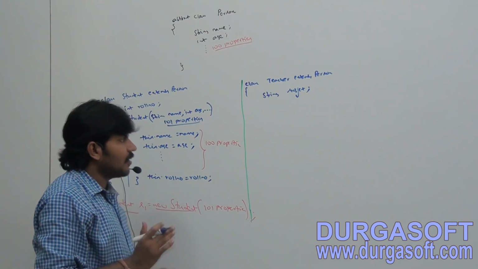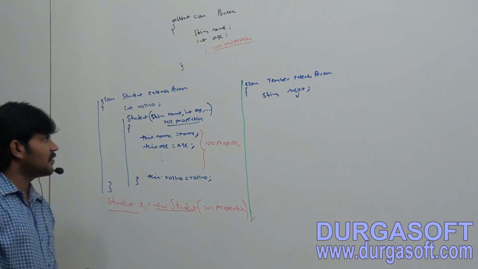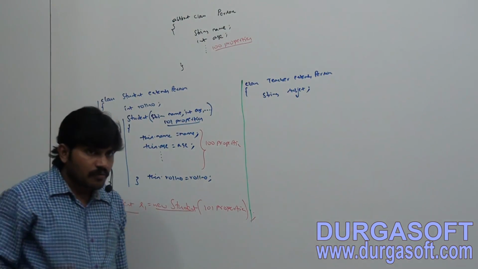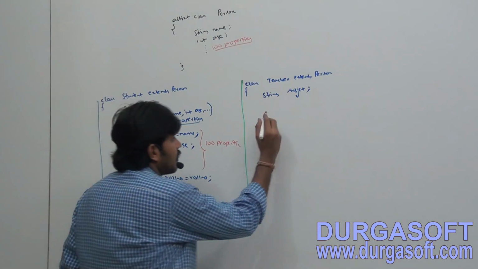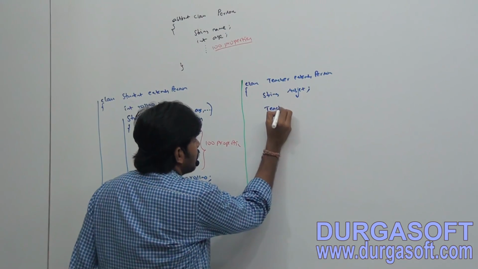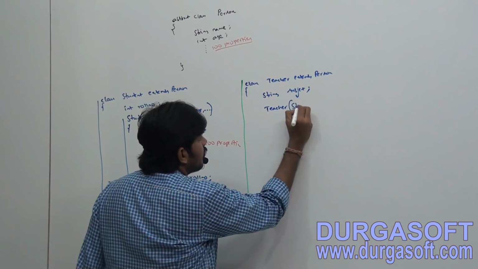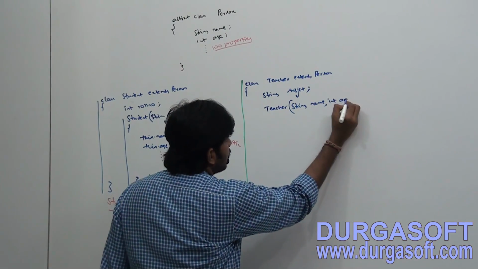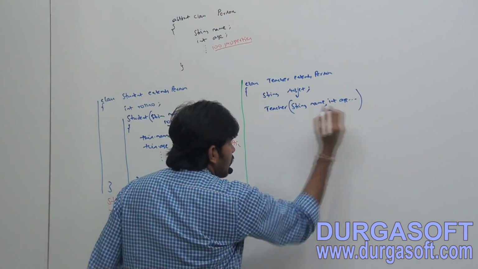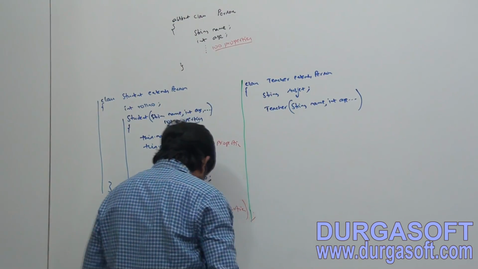Can you tell how many properties are there in total for the Teacher? 101 properties. 100 properties are coming from the parent, and now 101. So constructor Teacher of string name, int age, dot dot dot. Total how many properties are there? 101 properties.